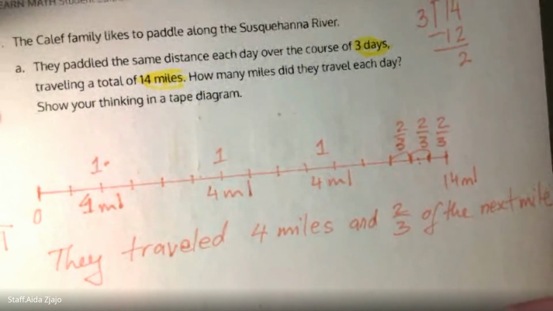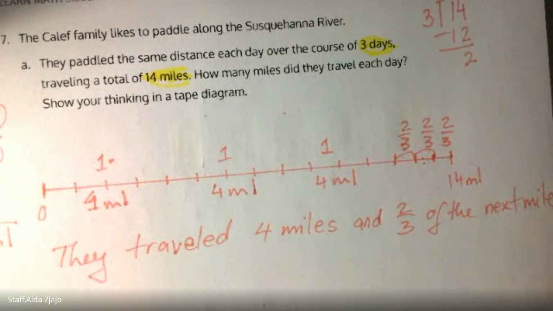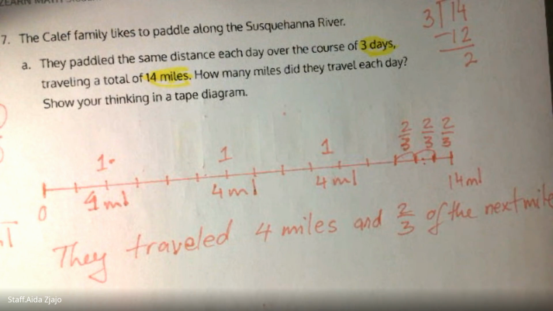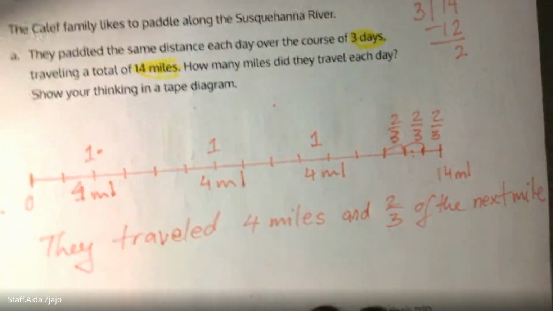Okay. They travel 4 whole miles each day and 2/3 of the next mile. So almost 5 miles per day, but not quite.